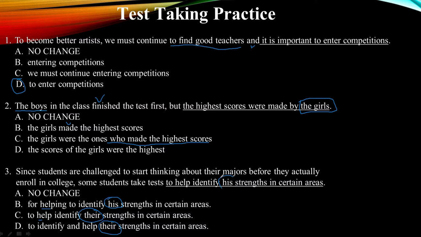As a matter of fact, anytime you see a pronoun, you must go back and find the antecedent. So, what is the antecedent for this? Since students are challenged to start thinking about their majors before they actually enroll in school, some students take tests. Here it is. Students. Some students take tests to help identify it. This should be there. Okay? And so now we know that since your antecedent is plural, your pronoun has to be plural in order to agree with it.